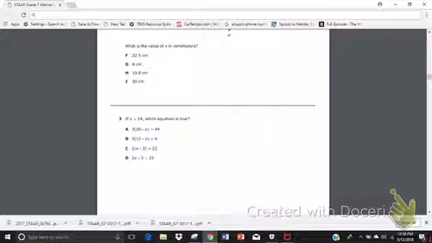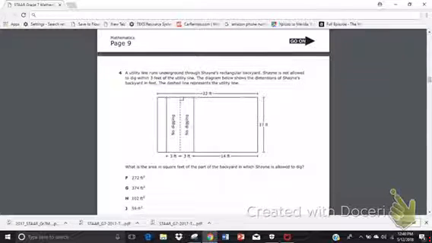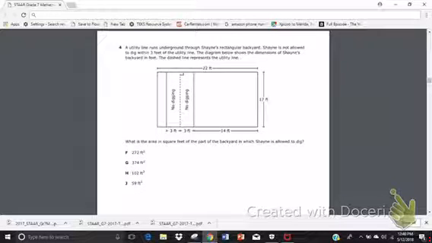Alrighty, so moving on. Next one here. Number 4. A utility line runs underground through Shane's rectangular backyard, which is right here, guys. Shane is not allowed to dig within 3 feet of the utility line. The diagram below shows the dimensions of Shane's backyard in feet.